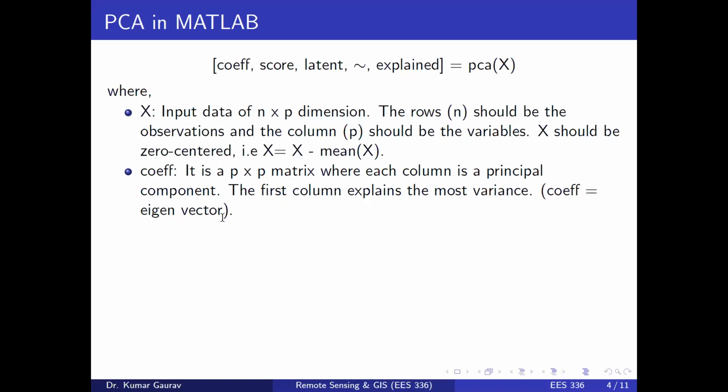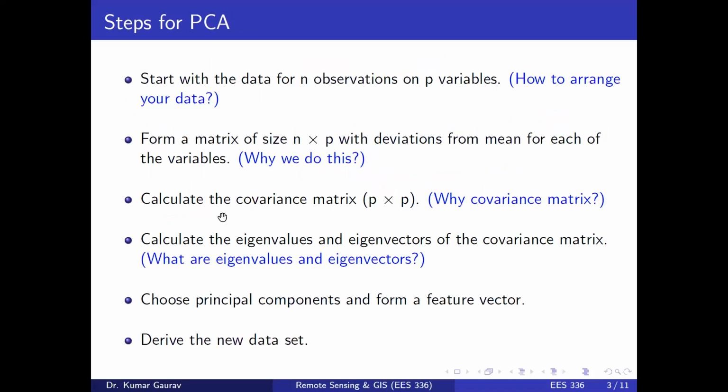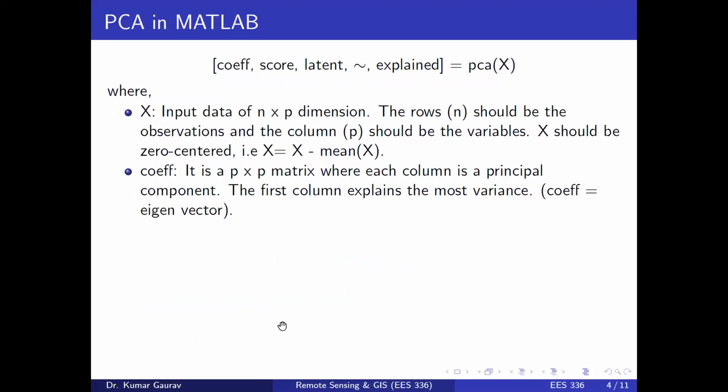That's why in the previous slide I said, if you get eigenvalues and eigenvectors, then it's done. You have computed the principal components, and then you just rederive the data sets based upon your requirements. So the coefficient matrix is nothing but the eigenvector.